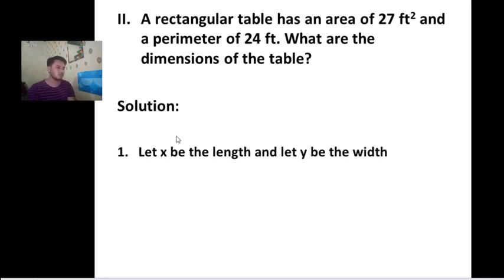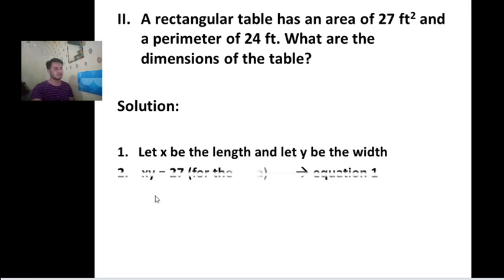Now, number 1, we have let x be the length and let y be the width. So we'll represent our unknown quantities as x and y. When we're talking about the dimensions of the table here, we will be finding the length and then the width.